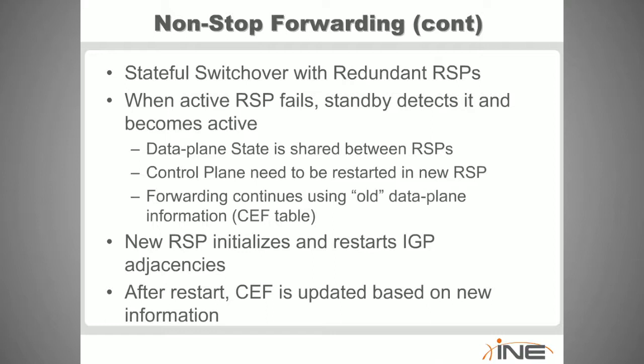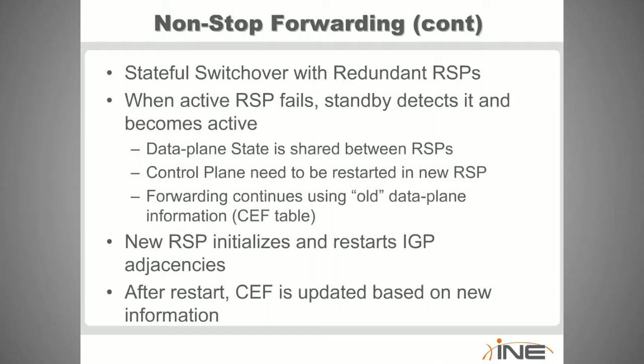But once we have it configured, basically the data plane, which is going to be like the CEF table, the actual information that's used for forwarding the packets, that's going to be shared equally between the two supervisors. So if one of them goes down, we still have the old information cached.